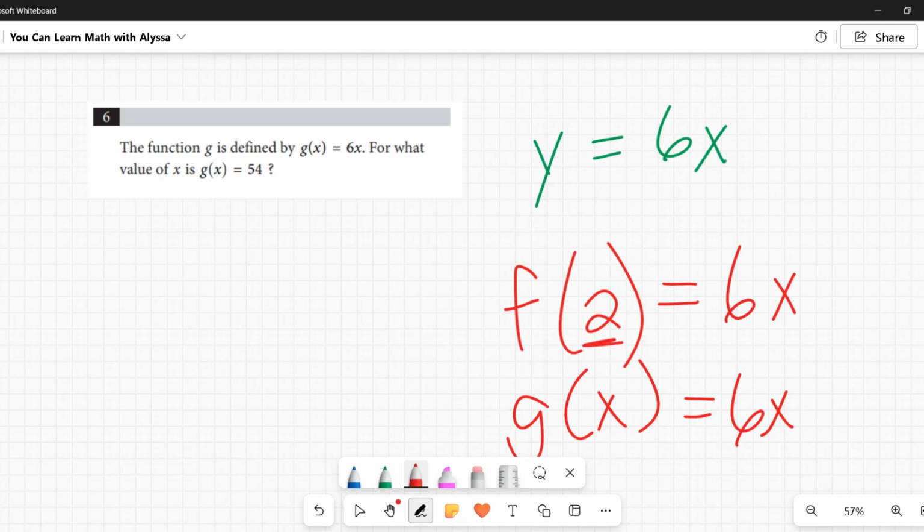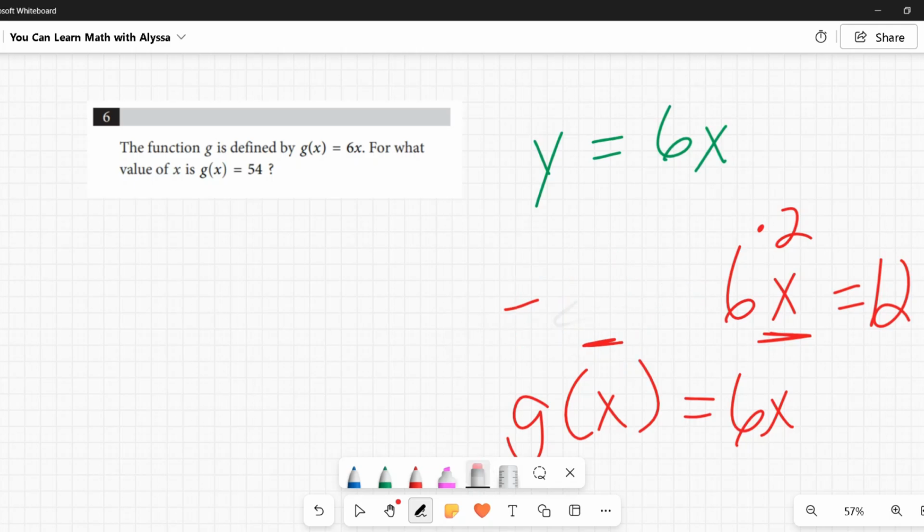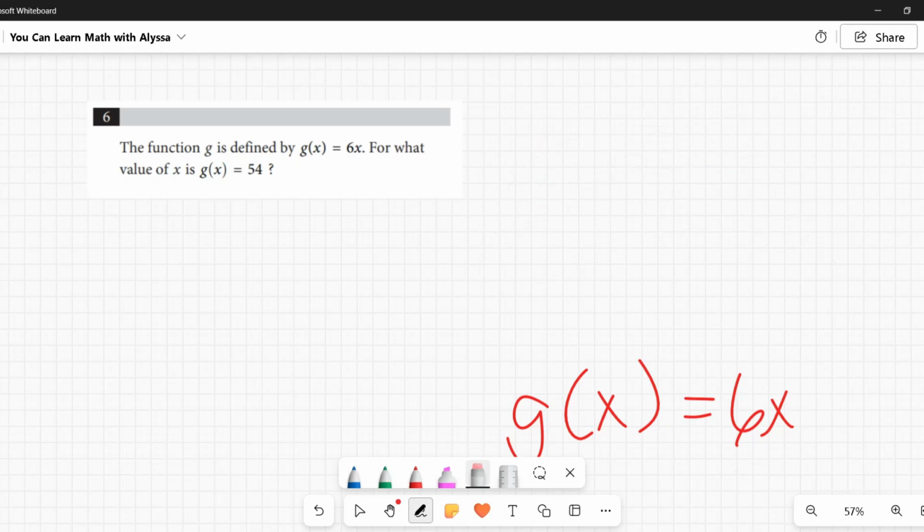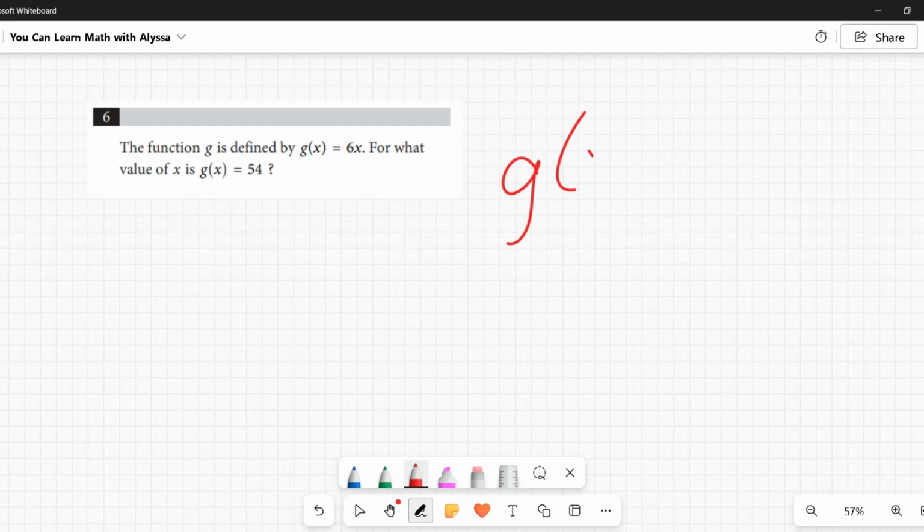So, okay, take 2, then I go over to my equation on the right-hand side. Everywhere that there's an x, I plug in a 2, then I do my math, 6 times 2, and I get 12. So f of 2 equals 12. F of x being the most common variation. So that's the process, input, output. So it's a little different phrasing, but it's the same sort of thing.